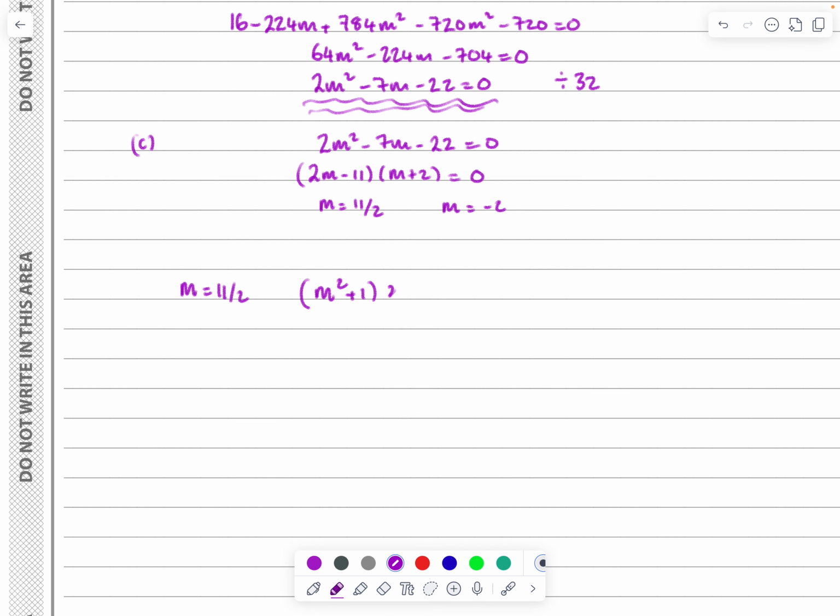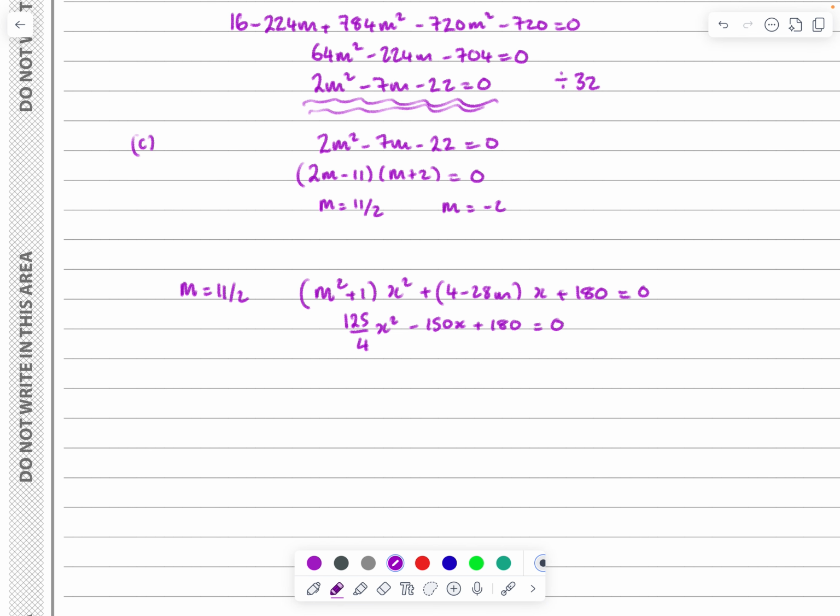plus 1 x squared plus 4 minus 28m x plus 180 equals 0. If we put m equals 11 over 2 into that, we get 125 over 4 x squared minus 150x plus 180 is equal to 0.